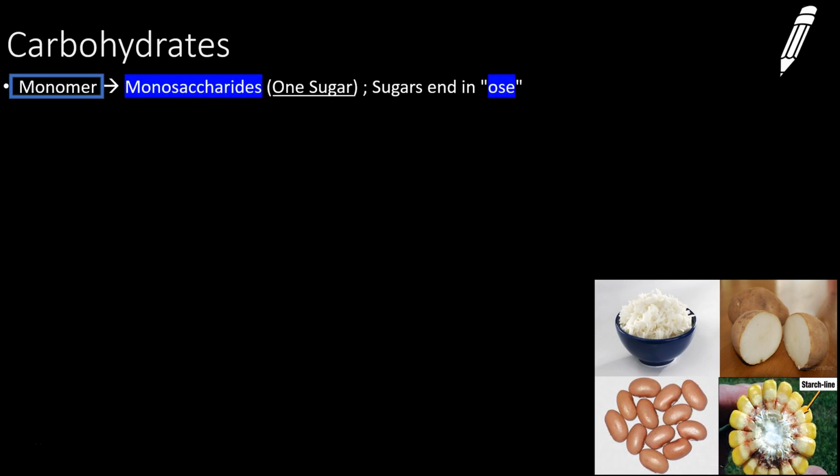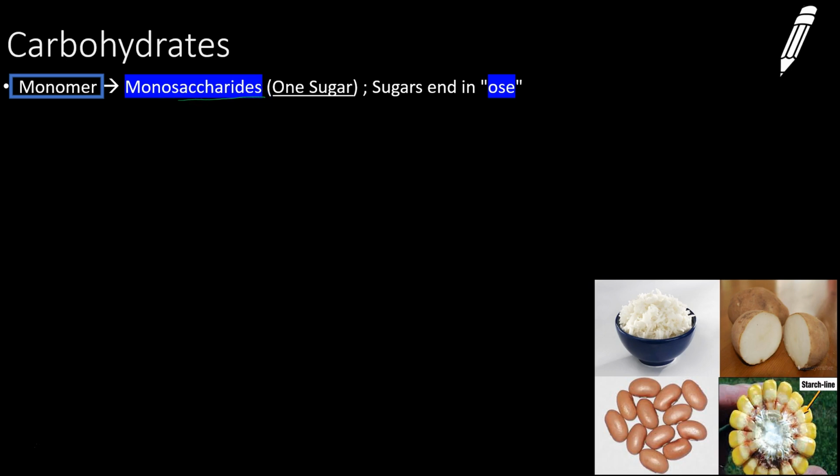So first, carbohydrates. Let's look at the building block, or the monomer for carbohydrates. The monomer is called a monosaccharide. You already know what the prefix mono means. Mono means one. This suffix right here, saccharide, is a fancy word for sugar.